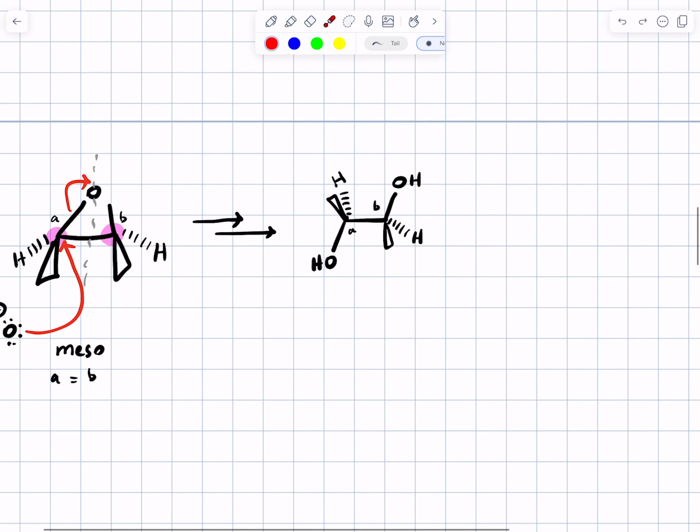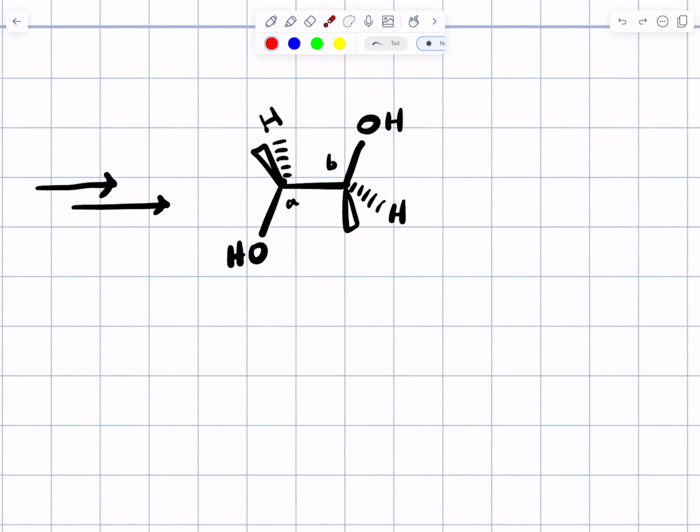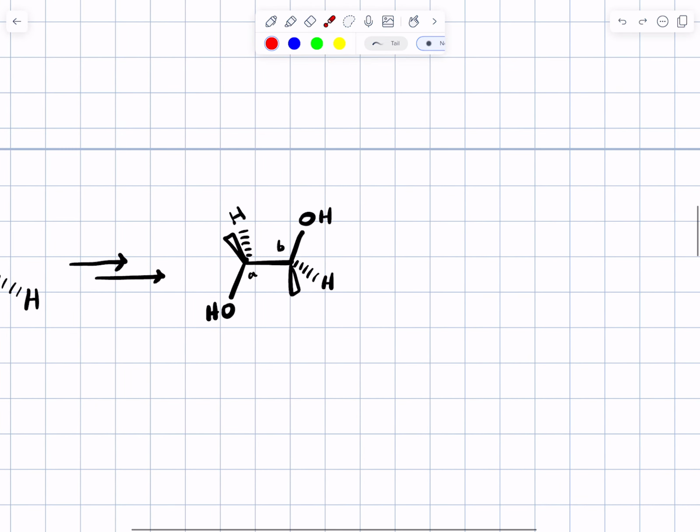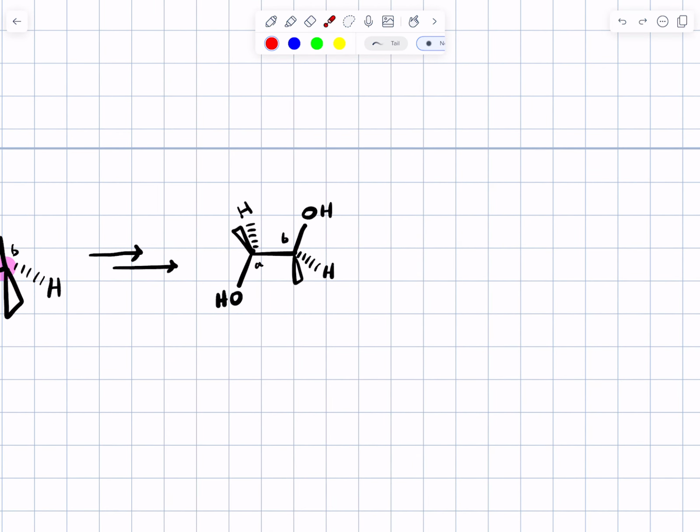So my product has an OH on both carbons. One question we could ask at this point is, is this product chiral? That can be difficult to see in the way that we've drawn it. One method to determine whether it's chiral would be to draw its mirror image and see whether they're the same thing.